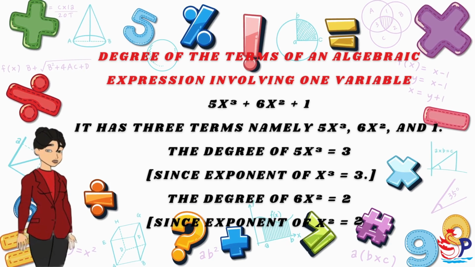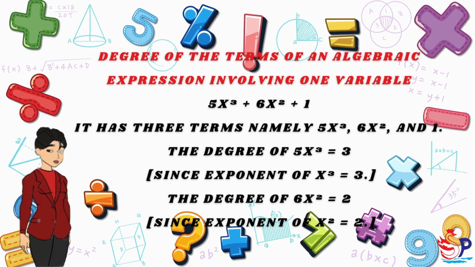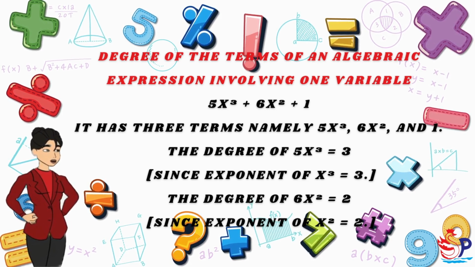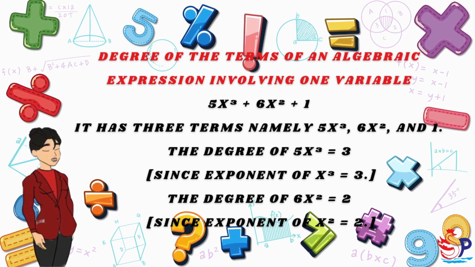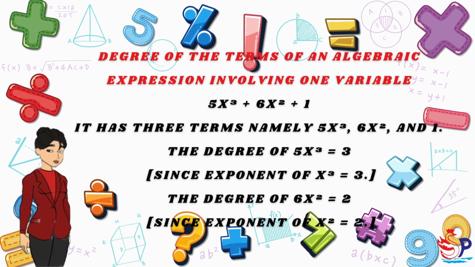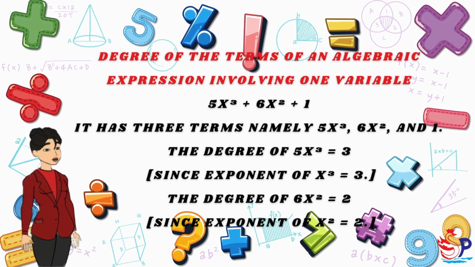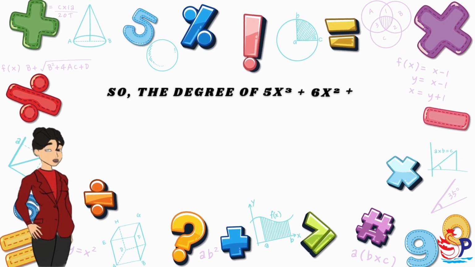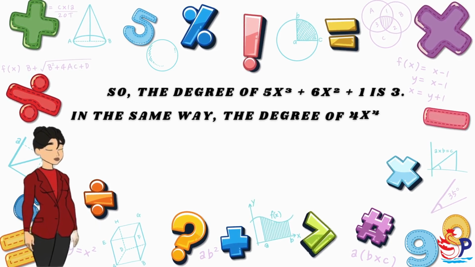The degree of 5x power 3 is equal to 3, since the exponent of x is 3. The degree of 6x power 2 is equal to 2, since the exponent of x is 2. So, the degree of 5x power 3 plus 6x power 2 plus 1 is 3.